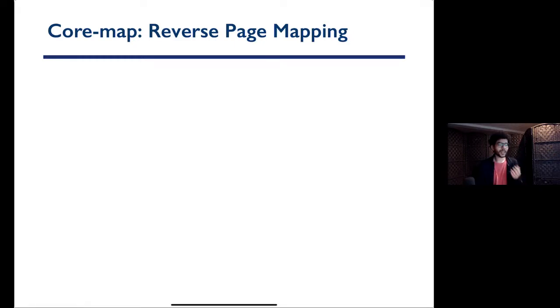And this is too expensive. This motivates the fact that we actually need both ways. We need to know which virtual pages are mapped to which physical pages, and we also need to know which physical pages are mapped to virtual pages.